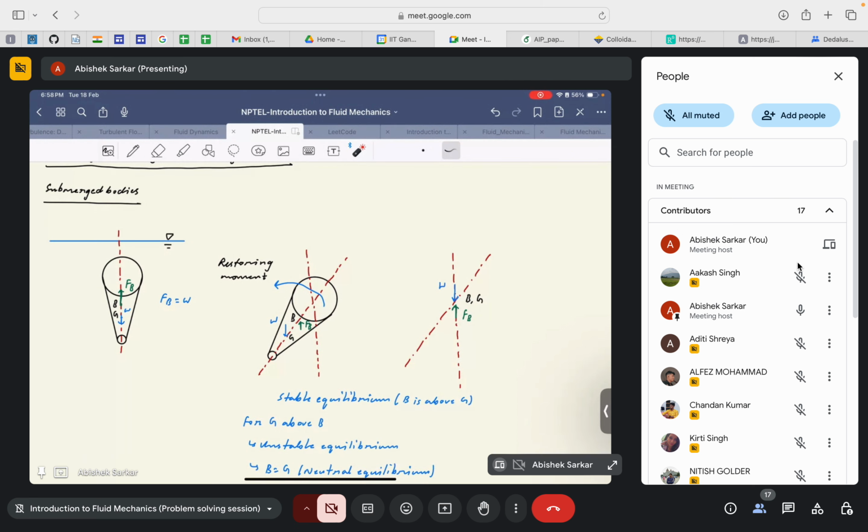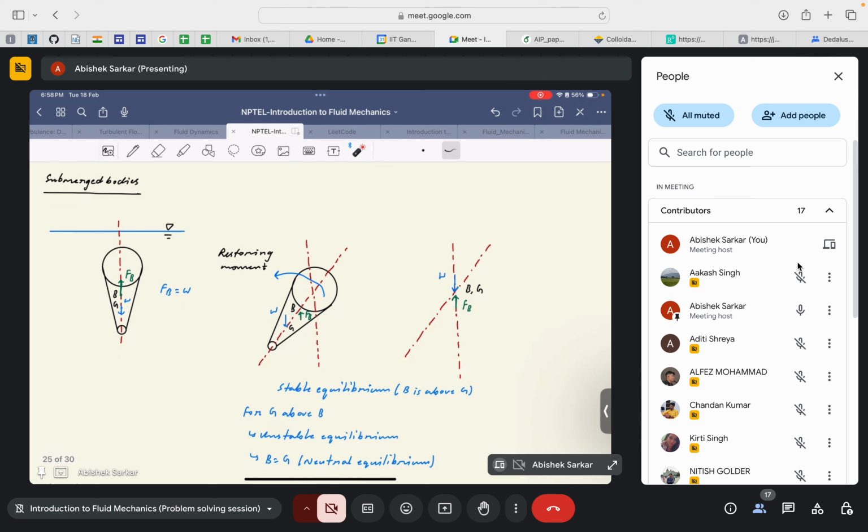Okay, so let us consider this case where the center of buoyancy is above the center of gravity. Now if we give an angular displacement to this body, then the buoyant force will act along this direction and the weight will act along this direction, in the downward direction. These two forces, as you see, are acting in opposite directions and are separated by a particular distance, say dr, for example.